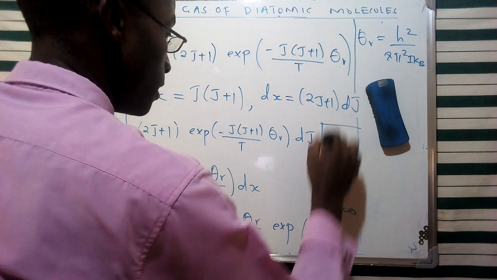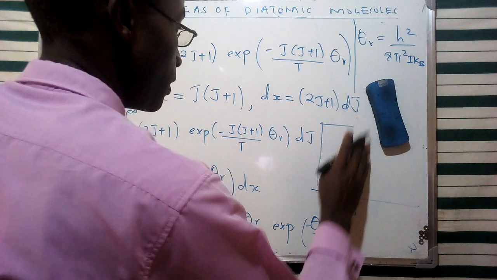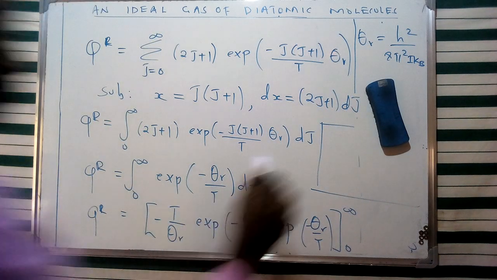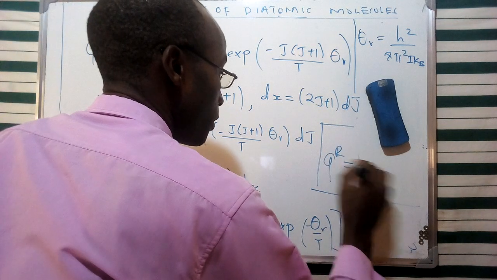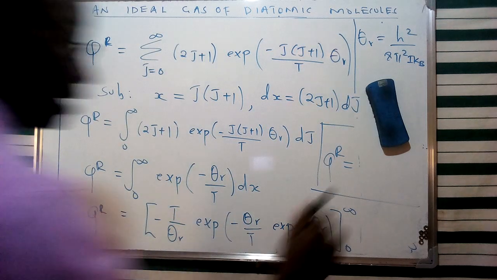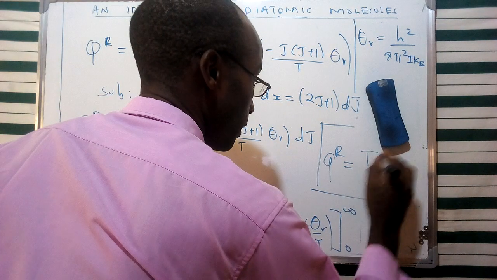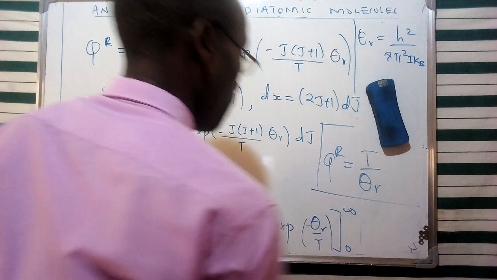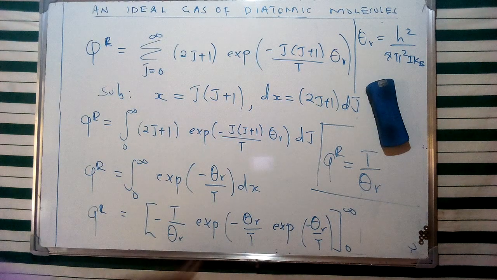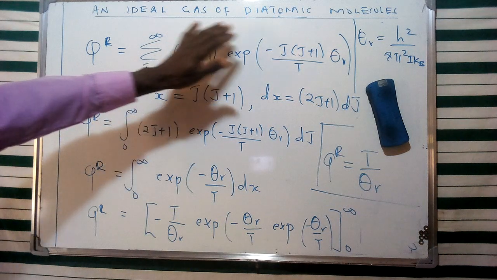So we're going to have this particular equation reducing to a form where the rotational partition function is equivalent to the ratio between T and the rotational temperature, given as such. And that's going to form our final bit of this representation for the rotational partition function of a diatomic molecule.